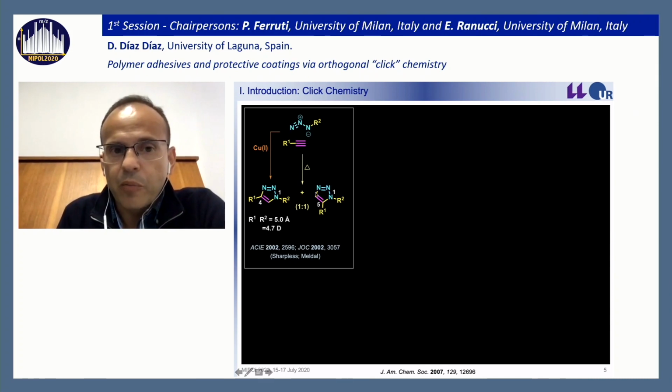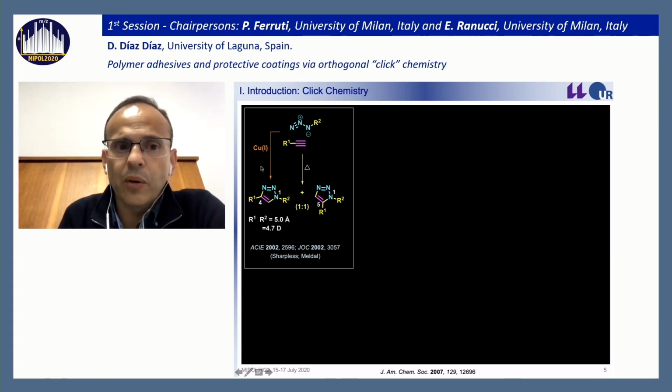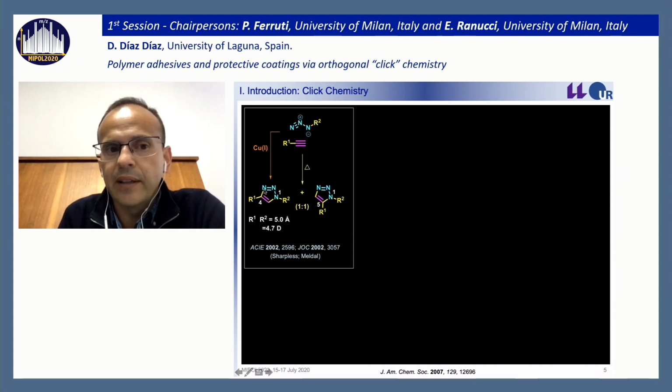The contribution of Professor Sharpless and coworkers was to find that if you add copper(I) ions, not only do they accelerate the reaction, but they also provide only one isomer, the 1,4-disubstituted triazole.